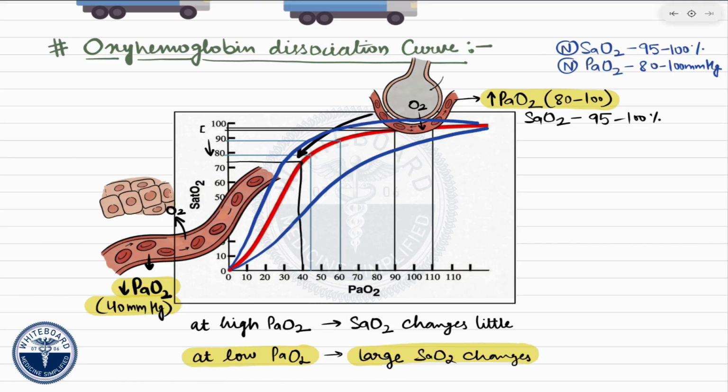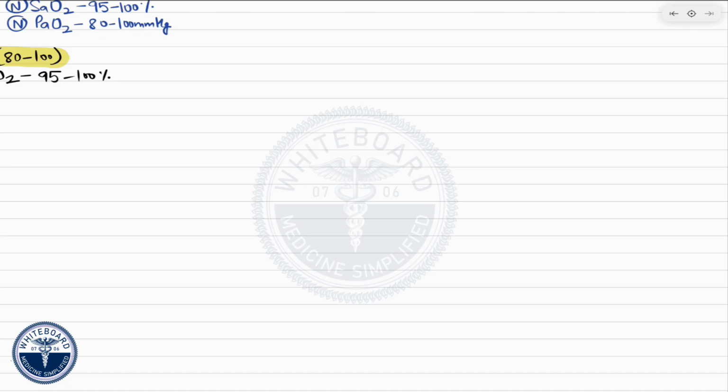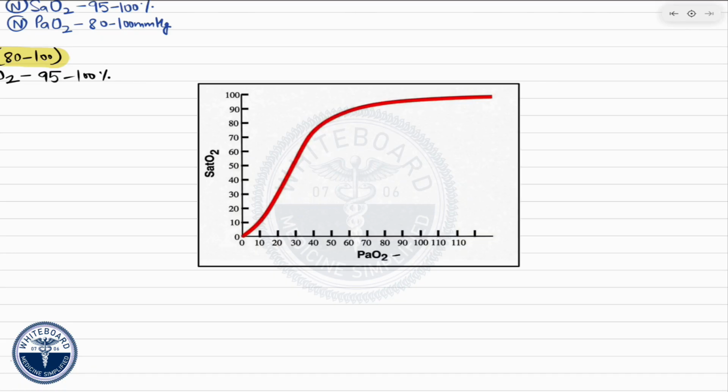But there is one more important concept we need to understand before we move forward. Now look at this curve. The horizontal axis represents PaO₂, or the partial pressure of oxygen in arterial blood, and the vertical axis represents SaO₂, or the percentage of hemoglobin that is saturated with oxygen. Normally, as PaO₂ increases, more oxygen binds to hemoglobin, so SaO₂ increases.